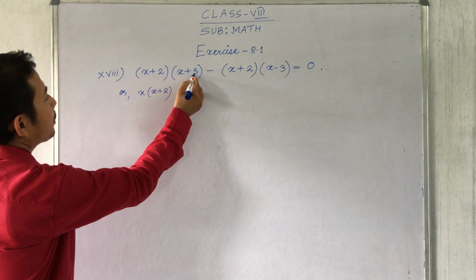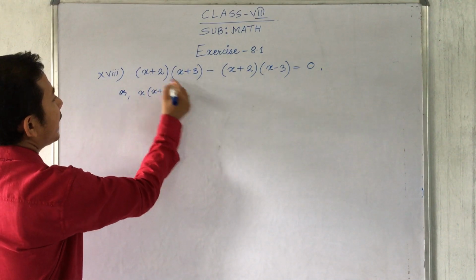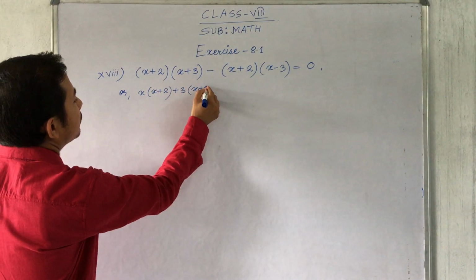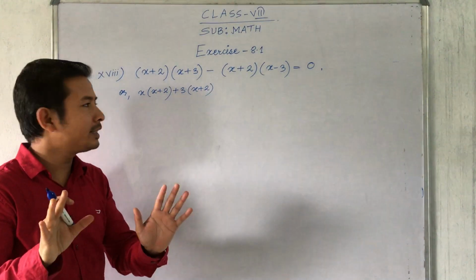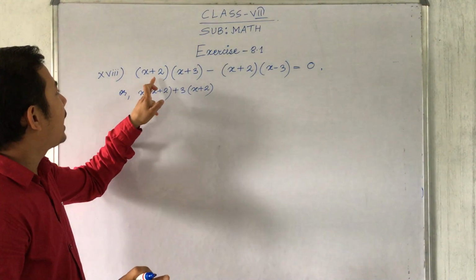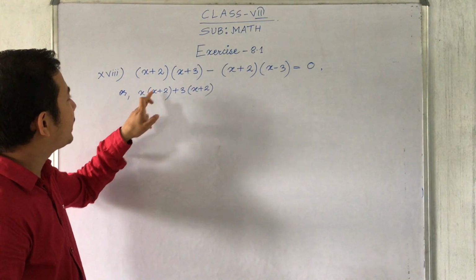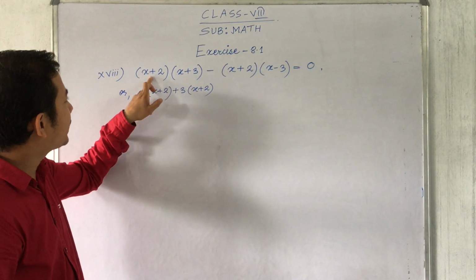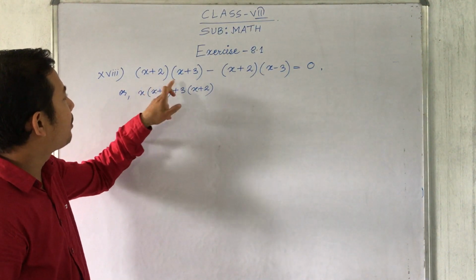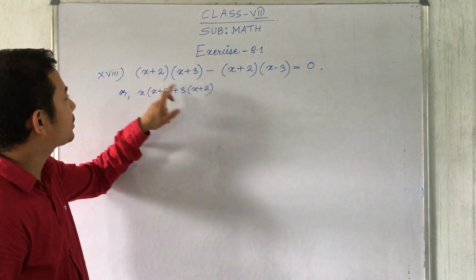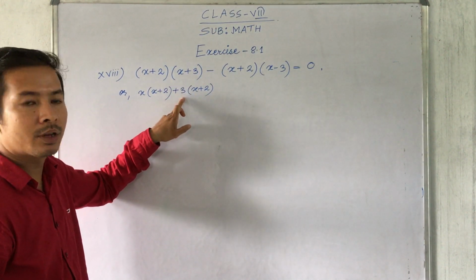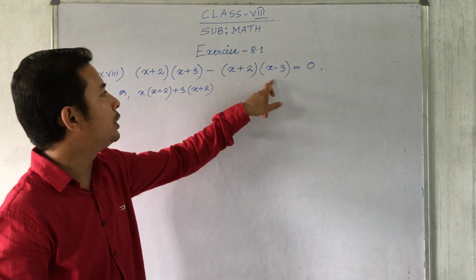And then again plus 3 into x plus 2. Very easy, try to understand. I have multiplied x plus 2 by this x, and then again by the same number, by 3. Okay, x plus 2 by 3. Understood? In the same way we have to do here.